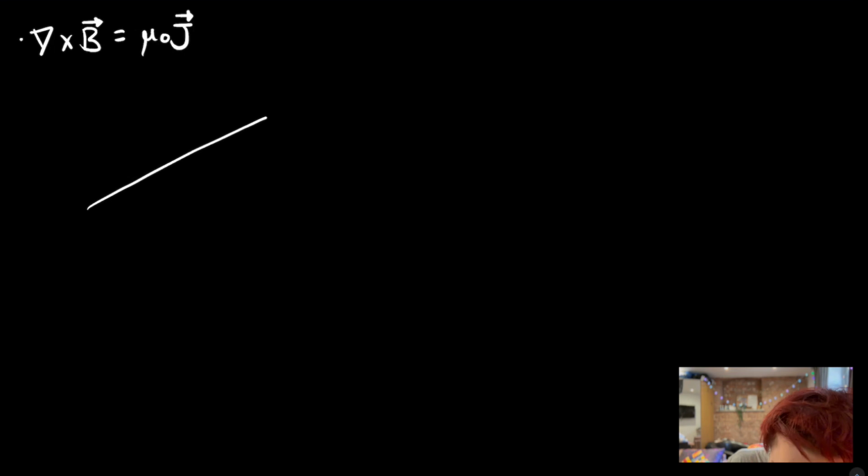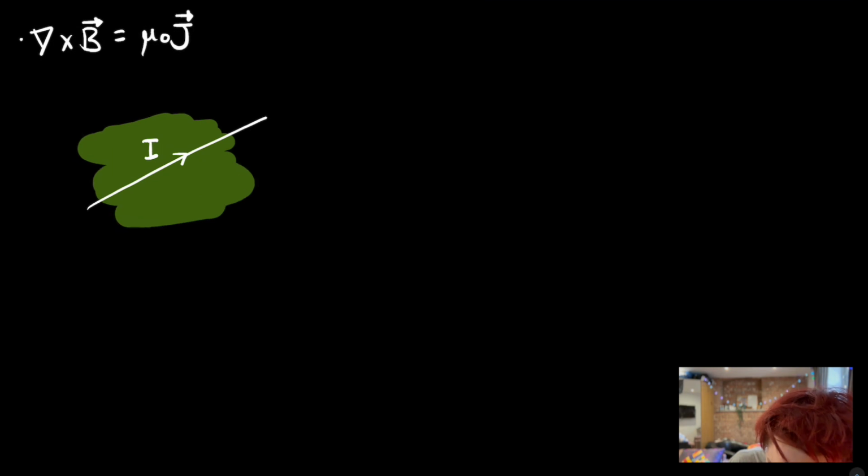This is going to change if there is a material present. And so say we have some kind of current carrying wire right here, and we have our normal current as we did before, but around this current carrying wire, this isn't a vacuum anymore. This is going to be some kind of magnetic material. So I'll just color this in green.